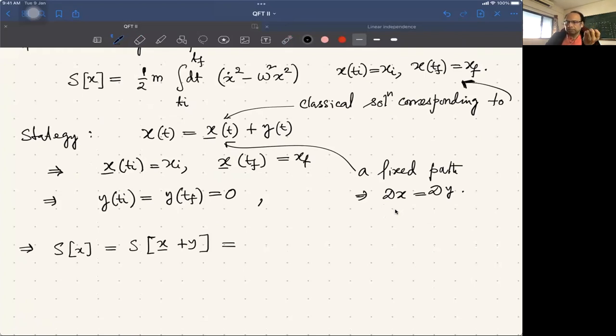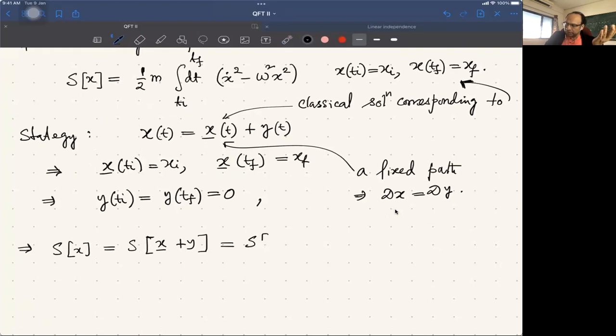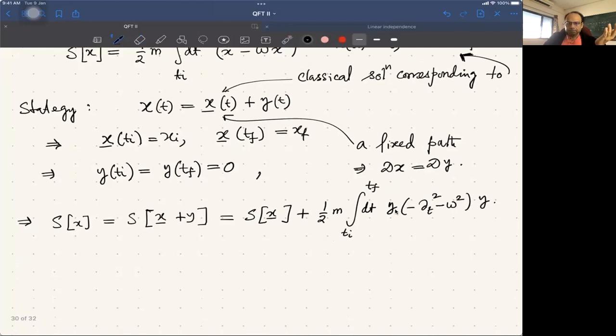And since x bar is the classical solution, the first order variation is 0, so there is no linear term in y. So this is given by S of x lower bar plus half m integral from ti to tf dt of y times minus del t square minus omega square, y.